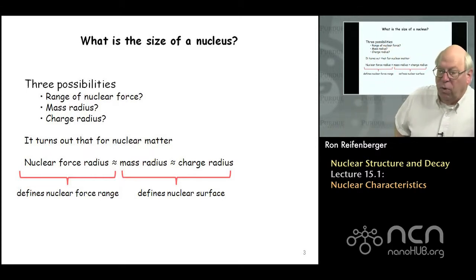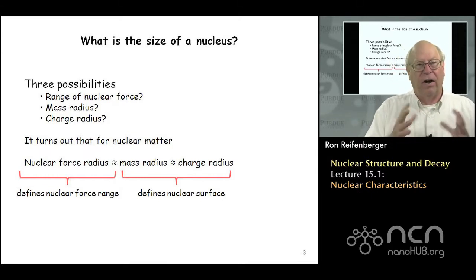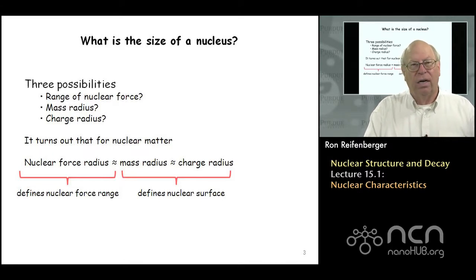The next issue is what is the size of the nucleus, and I must say there's at least 3 different ways that you can characterize the dimensions of a nucleus. And these 3 possibilities include the range of the nuclear force. We'll talk about the nuclear force in a forthcoming lecture.